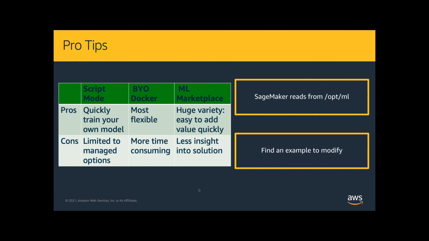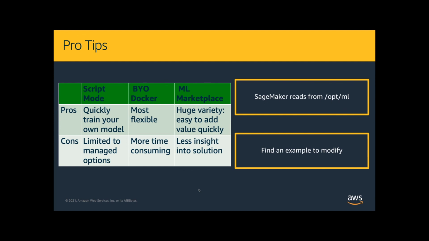Script Mode is quick, of course. You can just pick the framework you need and hit the ground running. But even though there are a lot of options, there are a few times where you're going to need to use something specific, and eventually you're going to need to bring your own container.